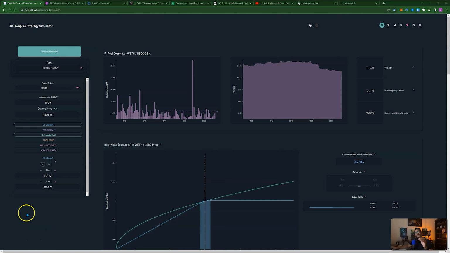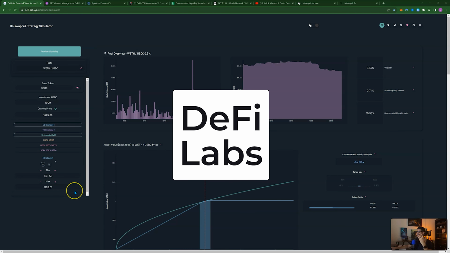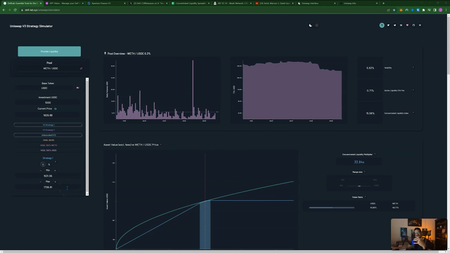So what tools do I utilize to create my liquidity pools in Uniswap V3? You can see here we have DeFi Labs. Now I'm going to have all the links to each tool in the description below as well, so you can easily access them. And this is probably the most important tool in my arsenal, right? I model out my liquidity pools. I'm forecasting the yields.